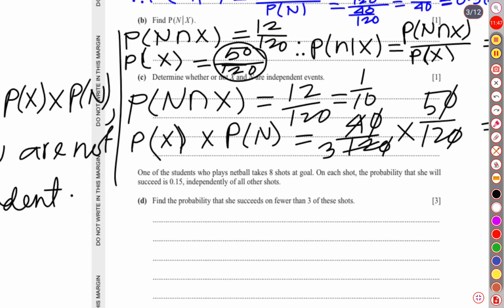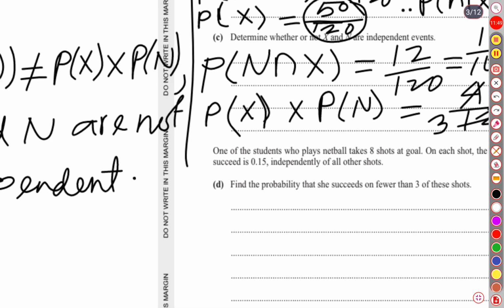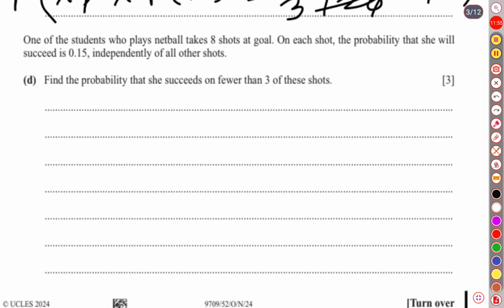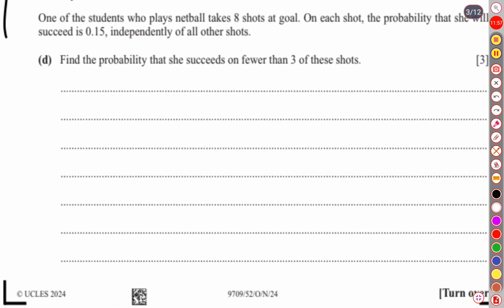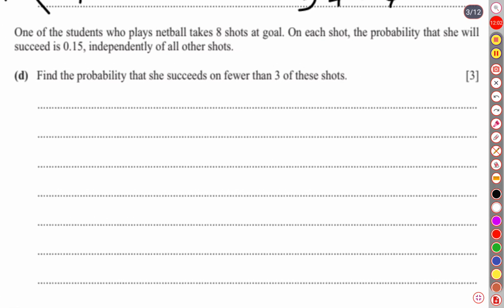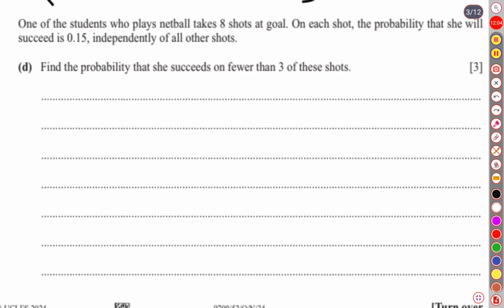Well, first of all, we'll have to determine the category of this distribution. If we have a proper look at the question, the total number of experiments is given as 8. He tried 8 times, 8 shots, and the probability of success on each shot is 0.15. So it belongs to the binomial distribution. Let us write X belongs to binomial distribution.